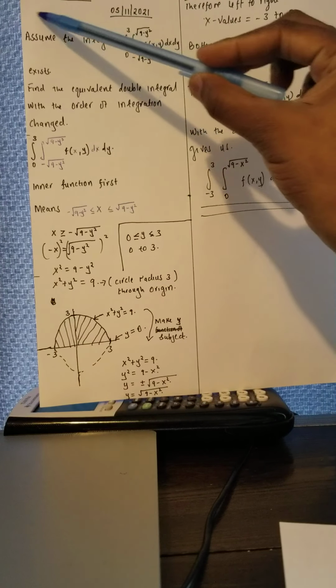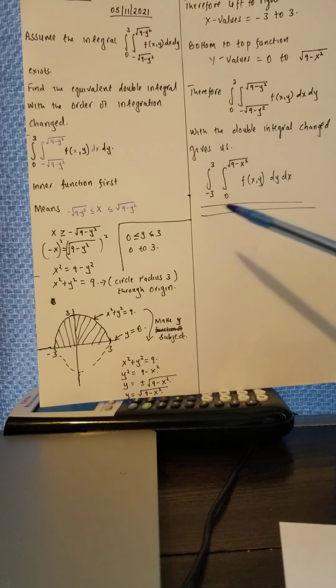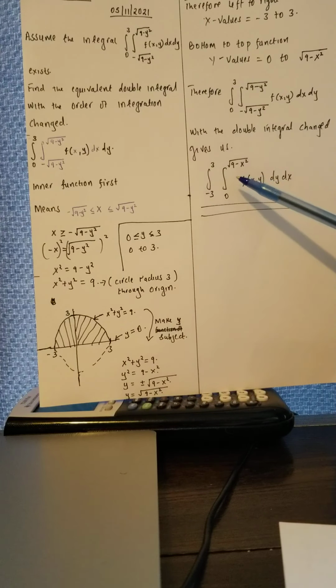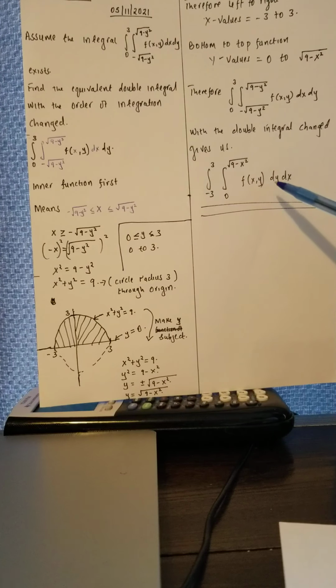Therefore, to express this with the order of integration changed, it's going to be the double integral. Let's start with the y values, because we are doing dy dx, since we are interchanging them from dx dy.